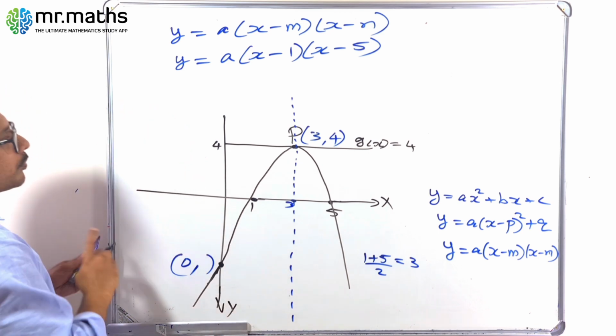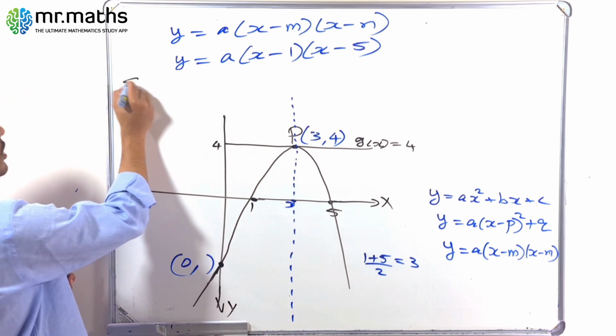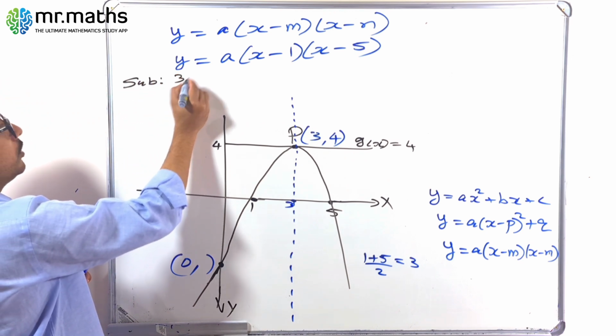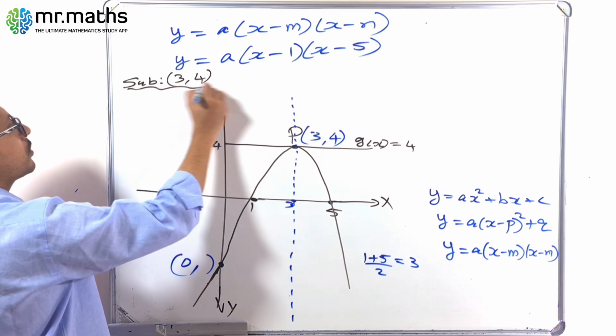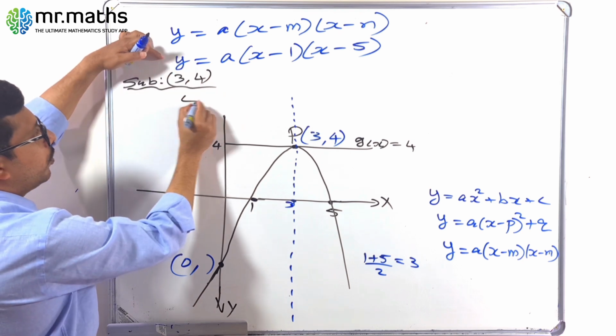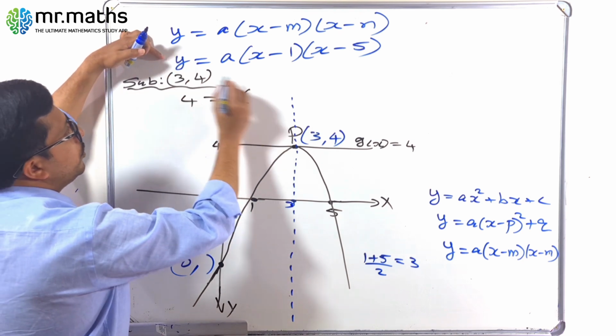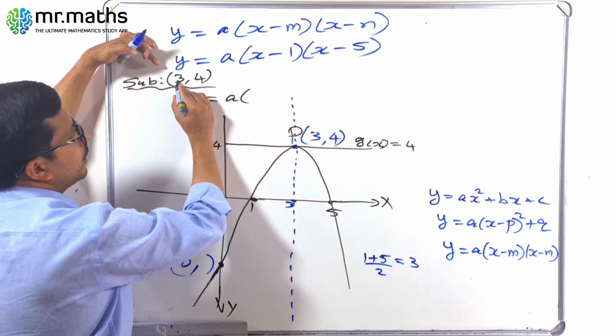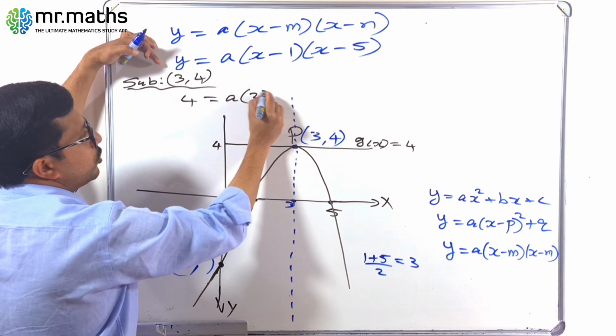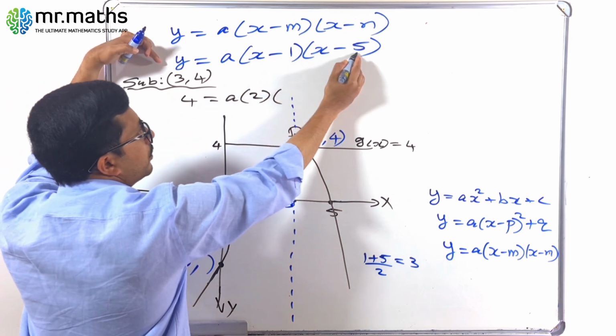So here substitute this point 3 comma 4. So 4 is equal to a into x is 3 minus 1, that is 2, into 3 minus 5.